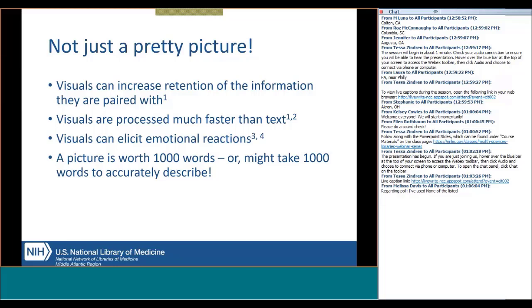I do want to take a moment to pause here and point out a major caveat with all of this, and that's that images are not accessible to everyone. So it's really important that you consider that when using images and make sure that the information conveyed by an image is also conveyed with words or text in some way. For online materials, this often means adding alt text to your images and adding captions to your videos. There are some nice automatic captioning options out there, like on YouTube.